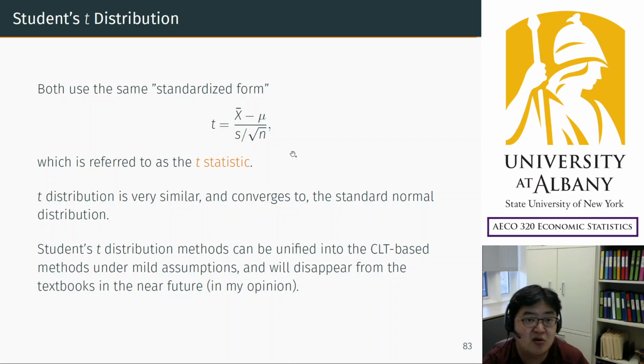And still, the legacy of the Student t distribution remains in recent, up-to-date statistics. That's the standardization. This standardization is coming from studentization. Sometimes we call this studentization, or we call this t-statistics. Student was the pen name of the statistician who developed this distribution theory, and he named it t-statistics. So this process, standardization, was sometimes called studentization.